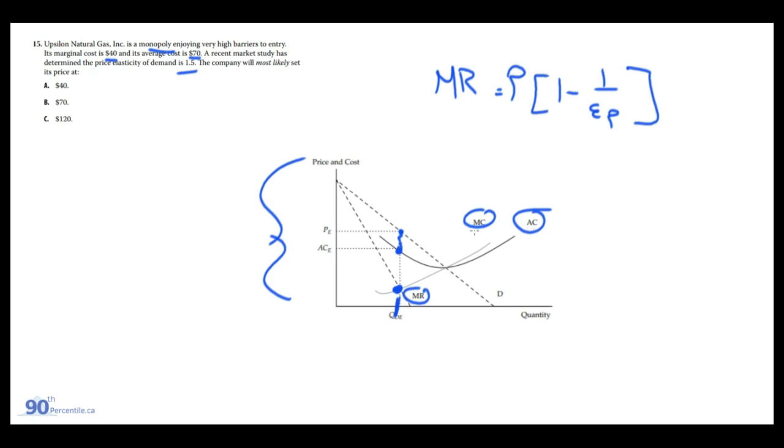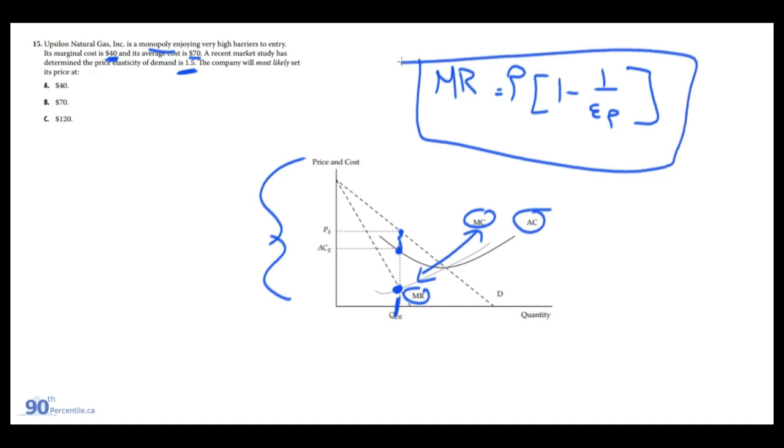So given that we know they're going to produce where marginal revenue equals marginal cost, we have marginal cost here. And then we have another formula for marginal revenue, which was kind of buried in the last learning module. But do note that whenever you're asked to determine marginal revenue and you have price elasticity of demand, you can determine it using this formula.